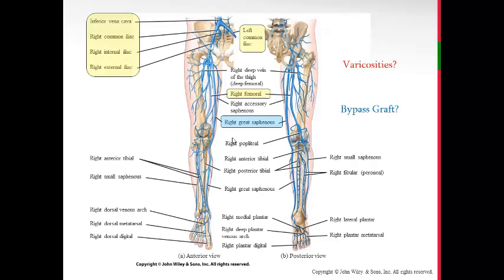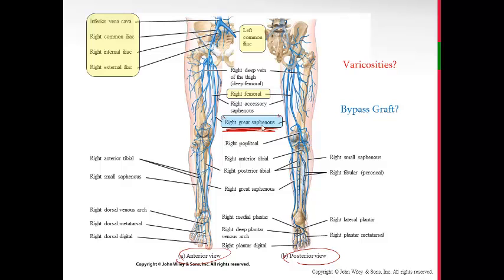So here is some of what we saw earlier. Just want to show you as we continue, you have your right femoral vein that's running over here. Now this one in the front is a very, very long vein. This is our great saphenous vein. This is an anterior view of it. You can see it in the posterior view as well.